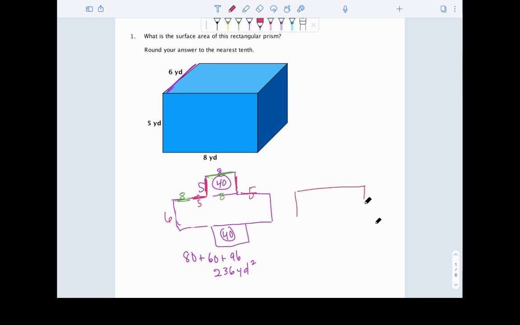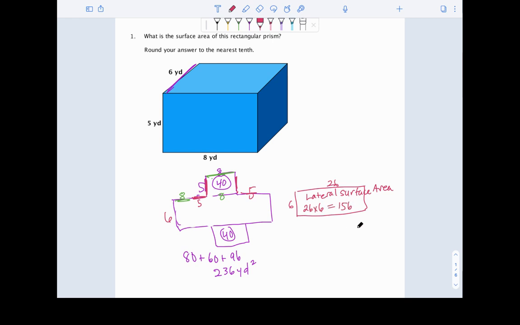So this whole rectangle here is 26 times 6. This is called the lateral surface area when we find that out. And so we can find it all in one fell swoop. 26 times 6 is going to be 156.